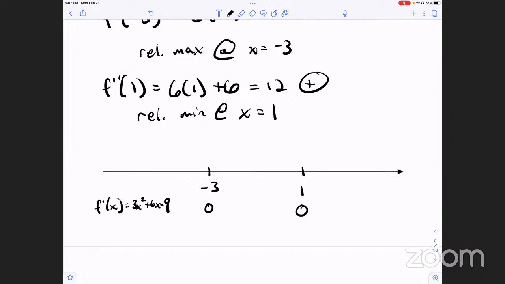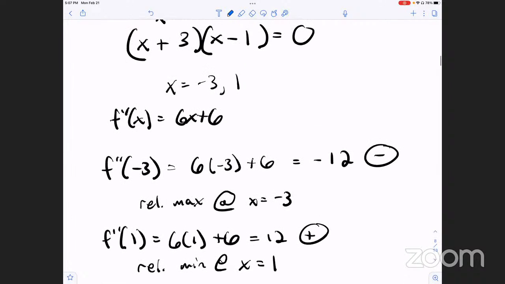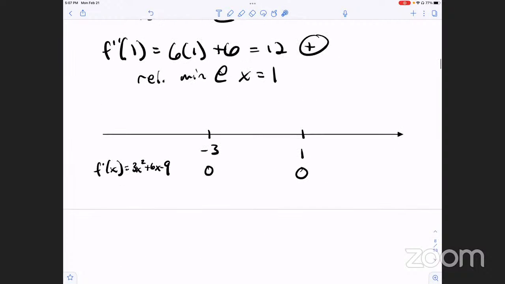If we plug in negative 4, a double negative is positive. So the first derivative is positive here, and the first derivative being positive means our function should be increasing on this interval.